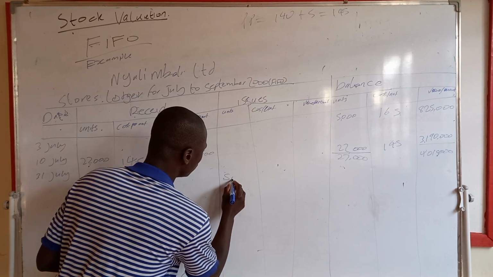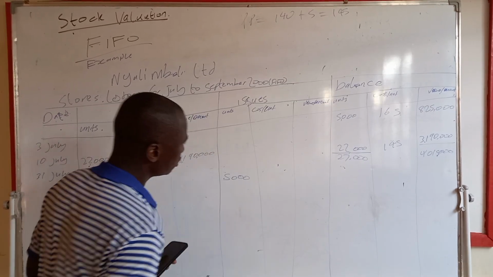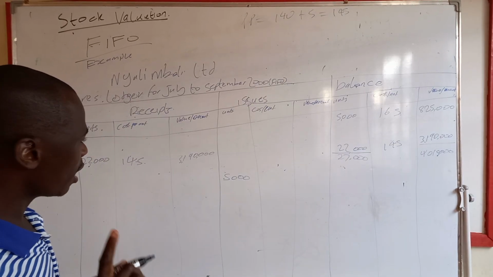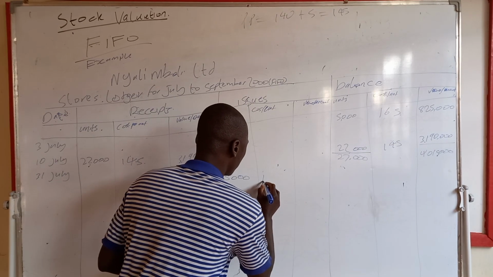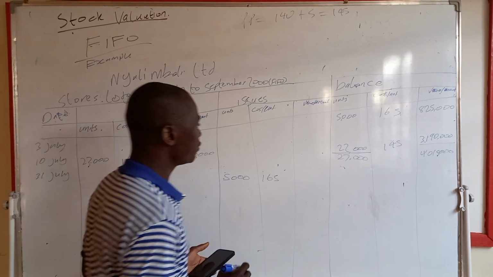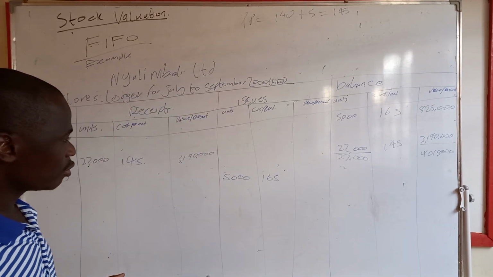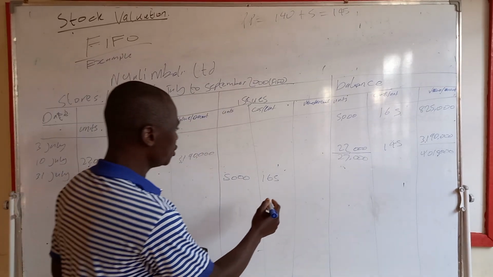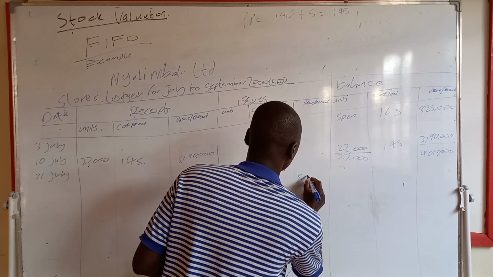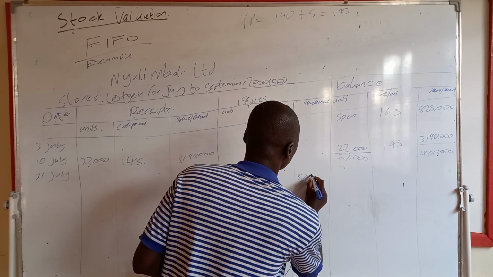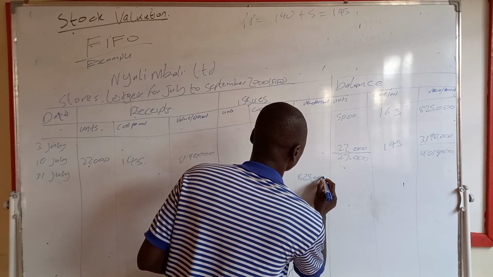That is what you issued first. What was the price each per tile at that point? 1,165. So the value of the tiles you issued here is 825,000.